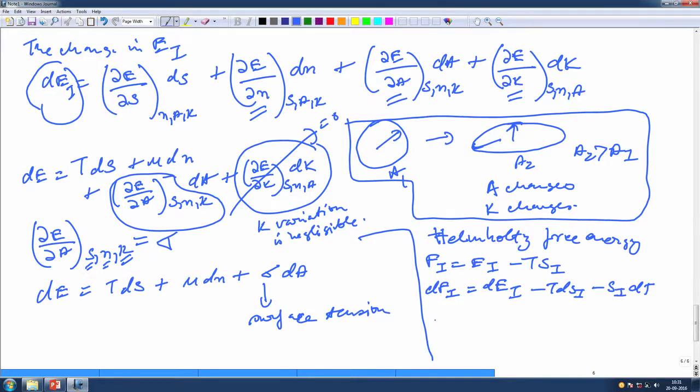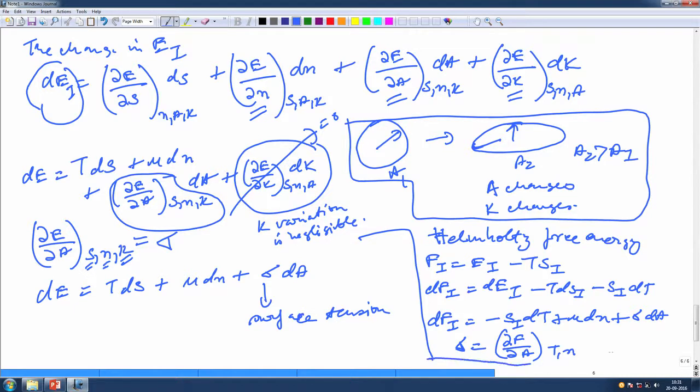So, dFi can be written as minus Si dT plus mu dN plus sigma dA, where sigma this time will be represented as the change of Helmholtz free energy with respect to area at constant temperature and N. Curvature also comes into the picture, I am just dropping it for the time being because we have assumed that the curvature is small.